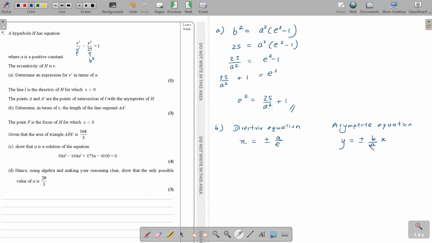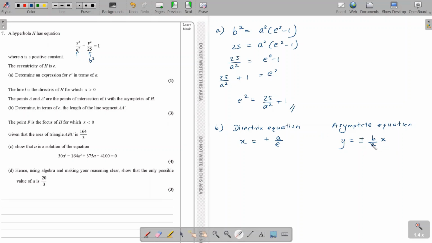Now what do they say here? The line L is the directrix of H for which x is greater than 0. So which directrix equation do I need? I only need the positive one. The points A and A dash are the points of intersection of this line L with the asymptotes.